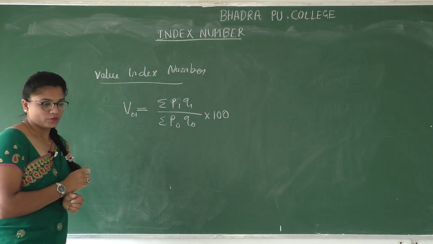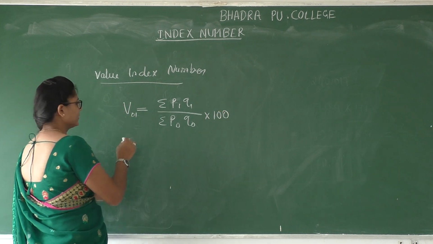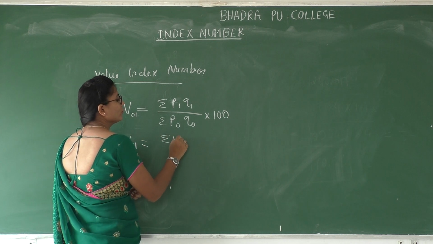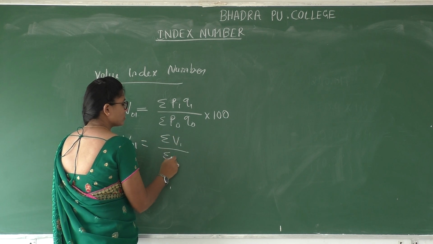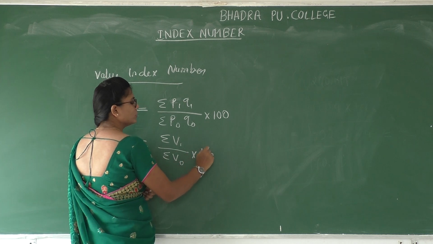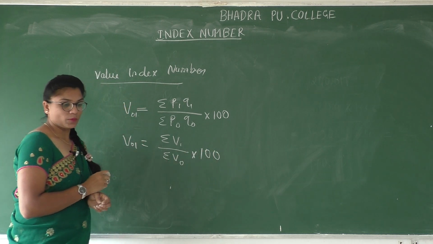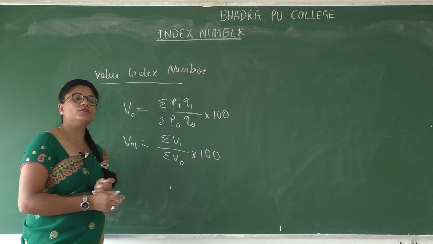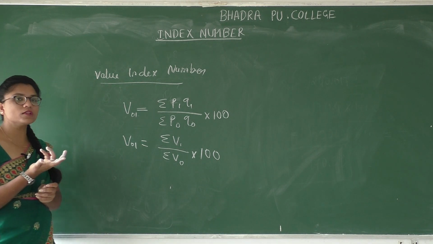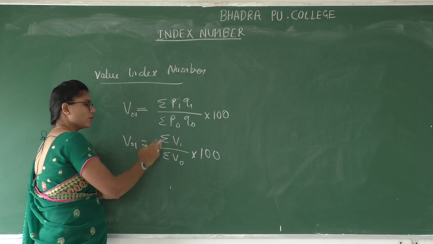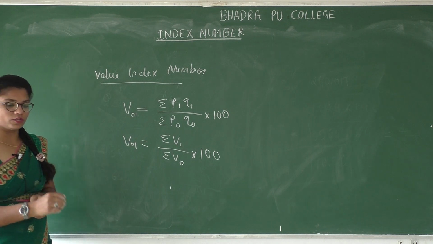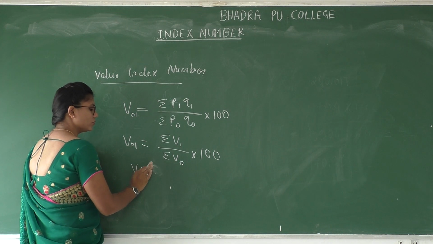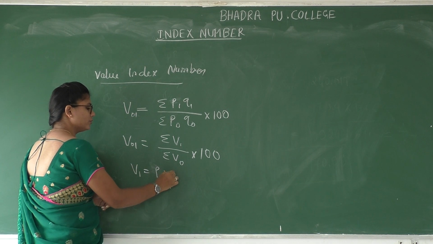Or you can write V01 is equal to sum of V1 divided by sum of V0 into 100. These are the 2 formulas. You can use either of them. Here V1 is equal to P1 into Q1.